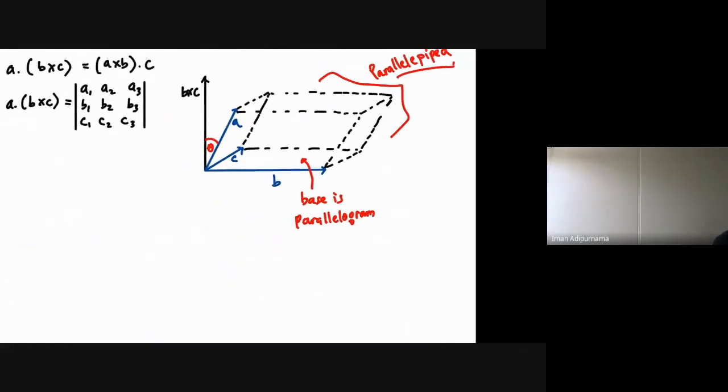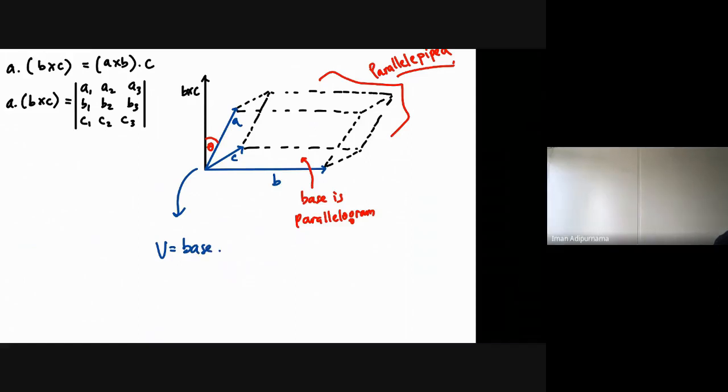So the volume of this shape is base multiplied with height, right?